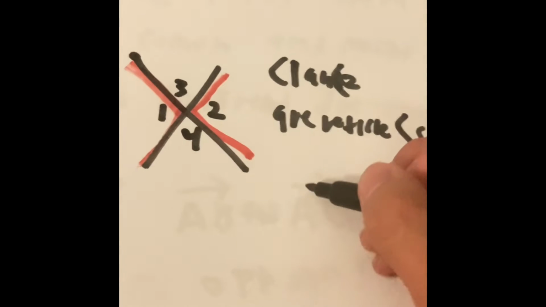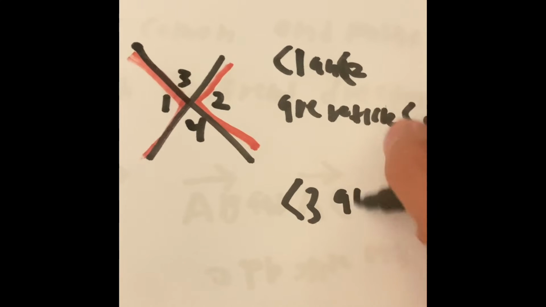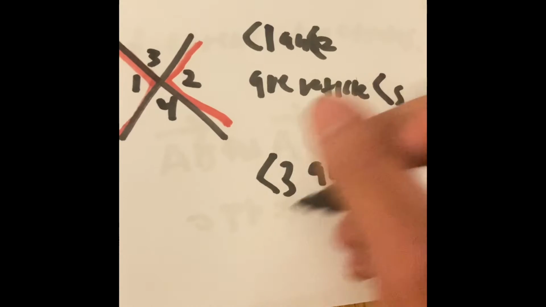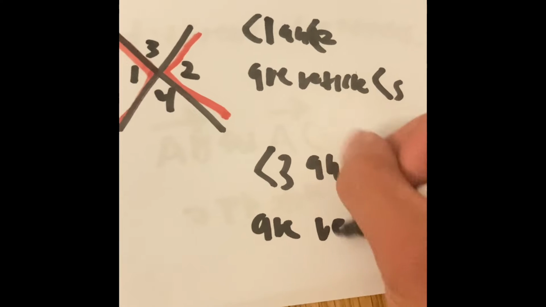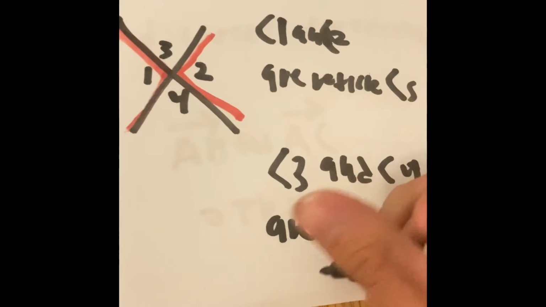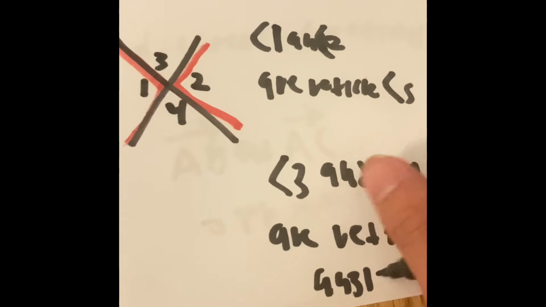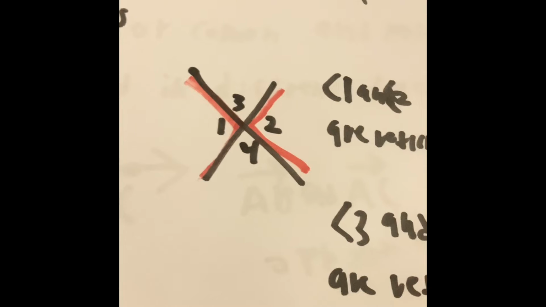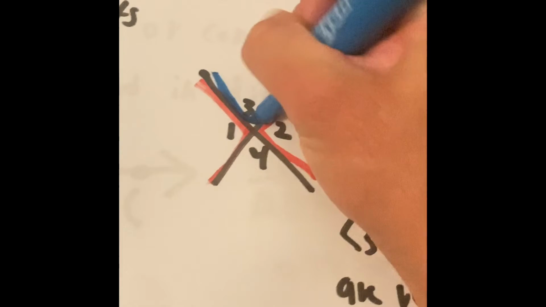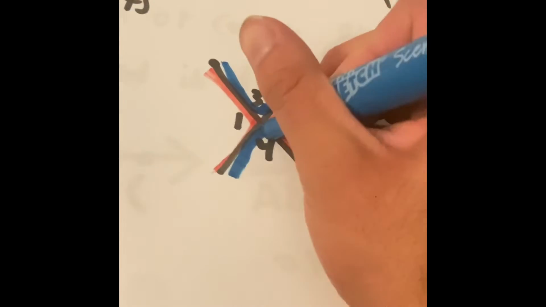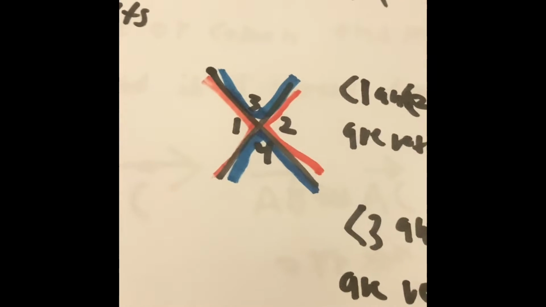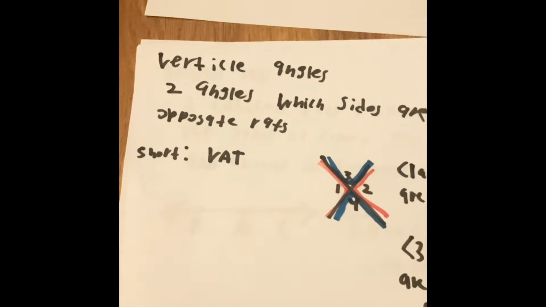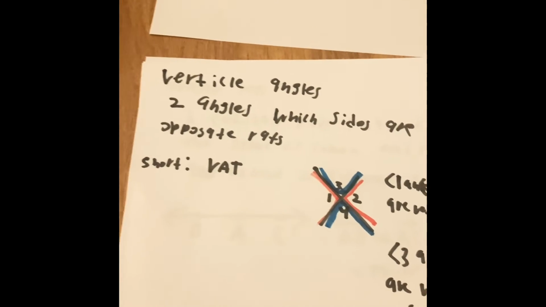We could also say that angle 3 and angle 4 are vertical angles. So angle 3 and angle 4 are also aka vertical angles. So here's an example where two angles which sides are opposite rays, or the vertical angle theorem.